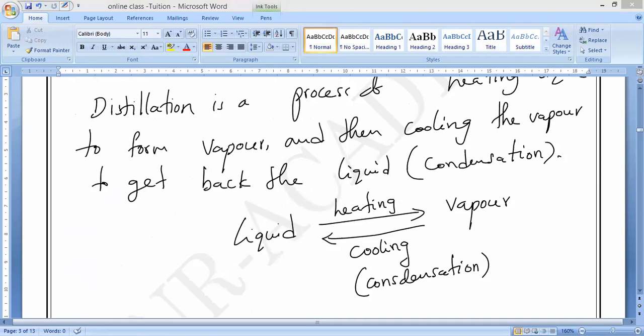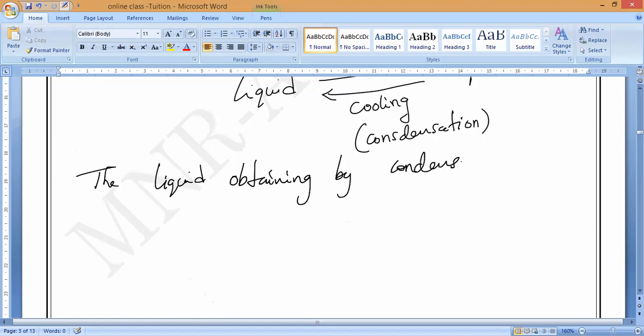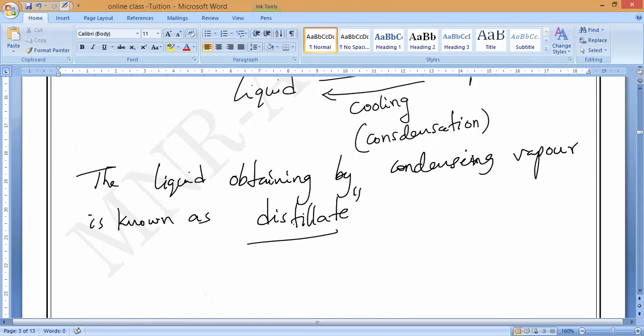The liquid obtained by condensing the vapor is known as what? Distillate. That is very, very important.